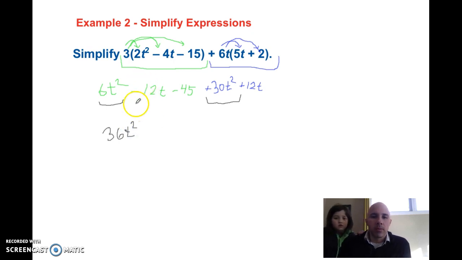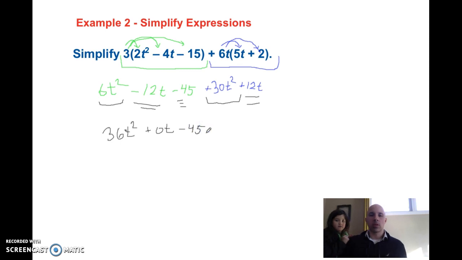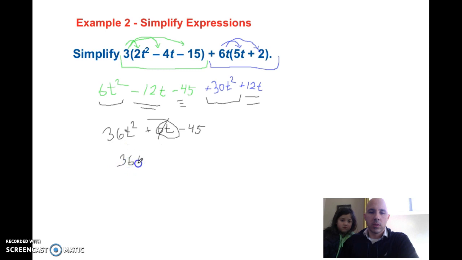You have negative 12t plus 12t, which is 0t. And then the leftover one you have here is negative 45. So the last thing you want to do here is just simplify the 0t, which is going to cancel out. And our final answer is going to be 36t squared minus 45.